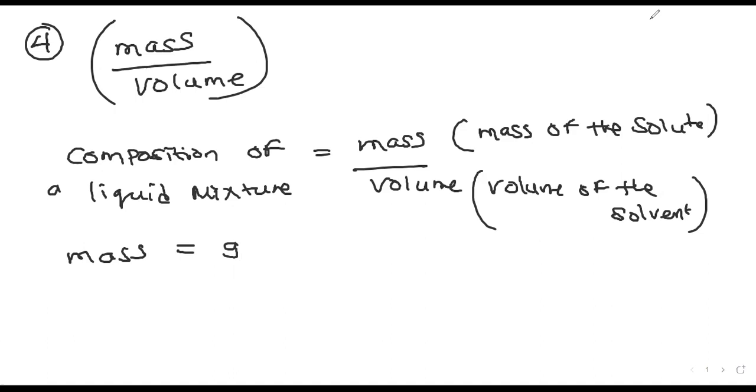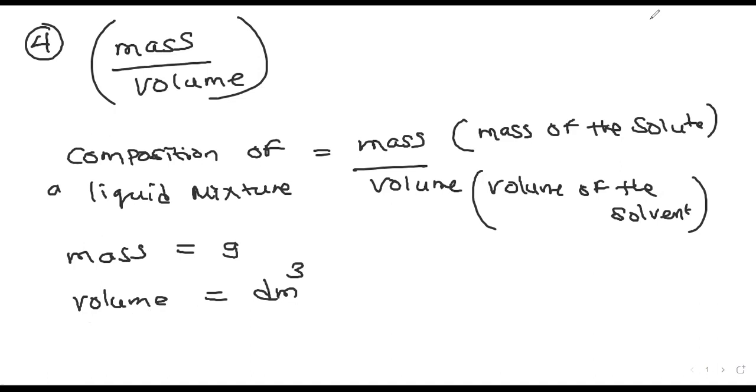And when you talk about volume, we basically use a decimeter cube as the unit to measure volume. So you need to copy down all of these. We use a decimeter cube to measure the volume of solvent. And then we have to know the relationship between the milliliters, centimeter cubes, and the decimeter cubes.